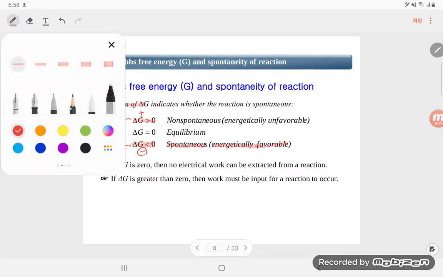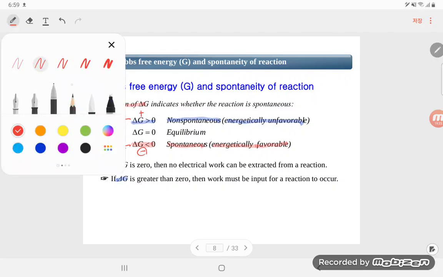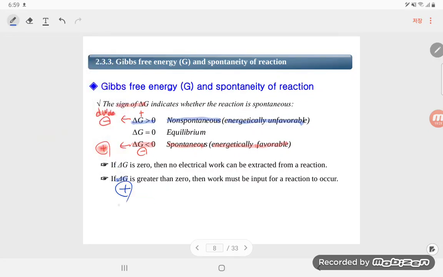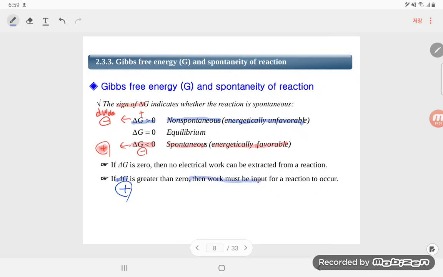But in this case, if the Gibbs free energy has a plus sign, we call it a non-spontaneous reaction, so energetically unfavorable. So if delta G is greater than 0, that means plus, then work must be input for the reaction to occur.